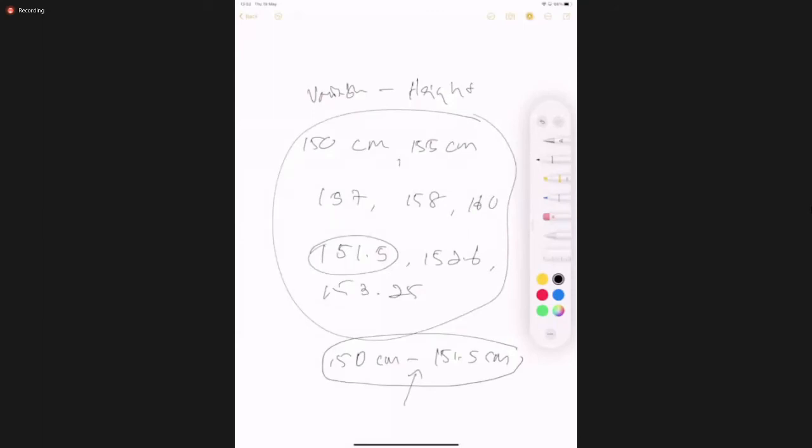What do you think? Can it have values between 150 and 151.5?